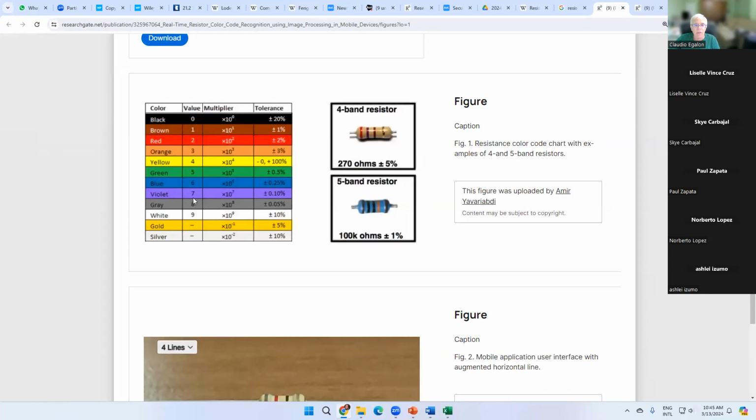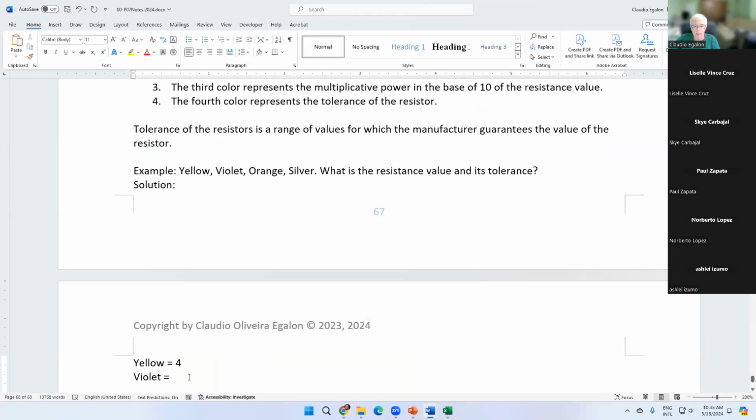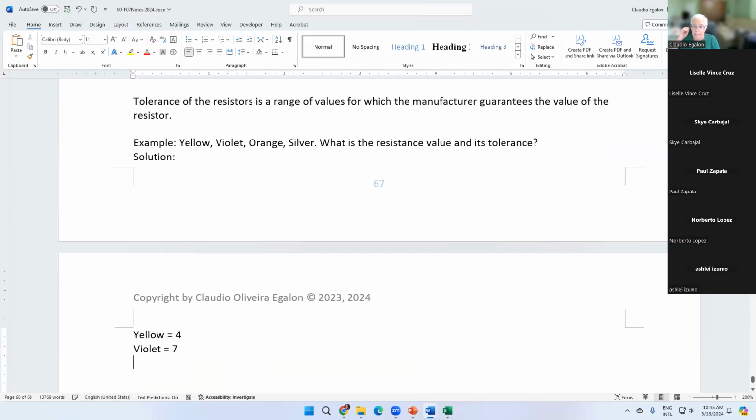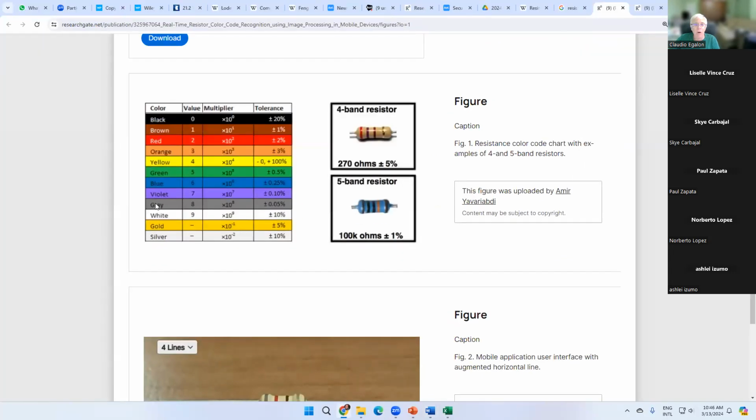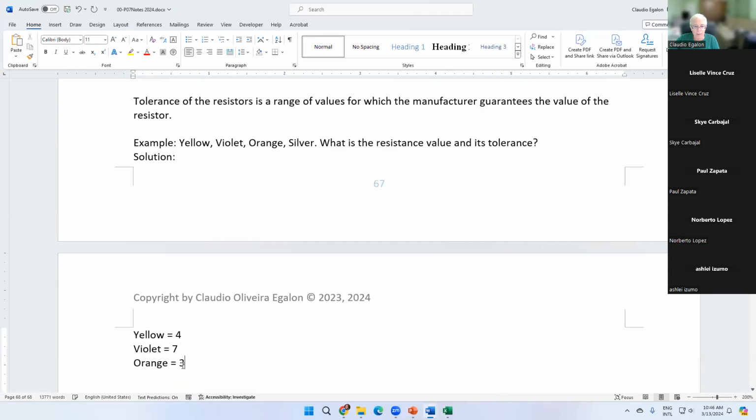Violet is 7. And the third one, orange, is the multiplier power. Orange is 3.